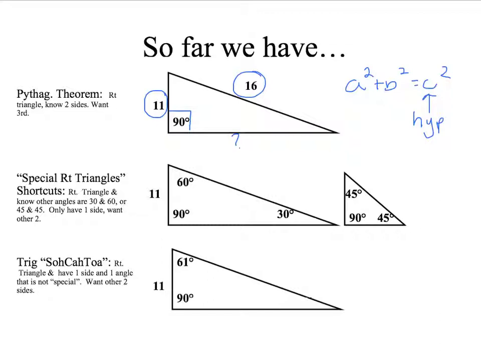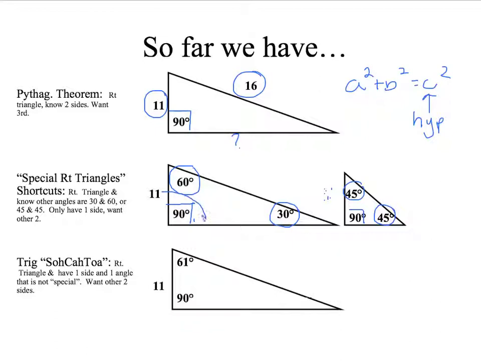Then we got some shortcuts where we didn't have to use Pythagorean theorem. If we had one side only, and you know that the other two angles are exactly 30 and exactly 60, or exactly 45 and 45, all you have to have is one side of the triangle, and you can get the other sides by simply using our shortcuts.